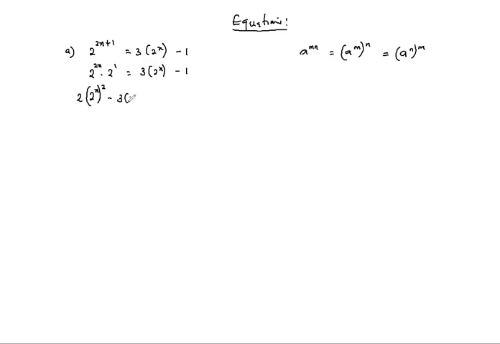Then I bring the others to the left, and then that plus 1 is 0. So I'm trying to form my quadratic equation here. So I'll let p be 2 to the power x, so that I have 2p squared minus 3p plus 1 is 0.